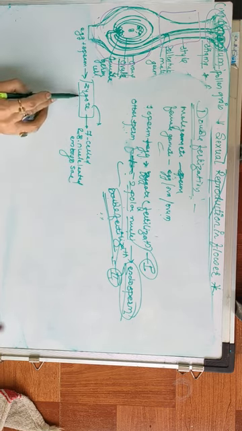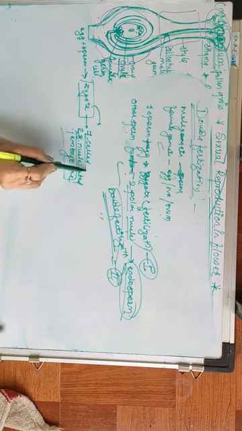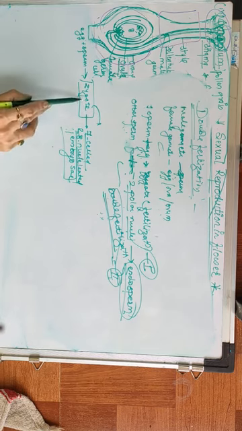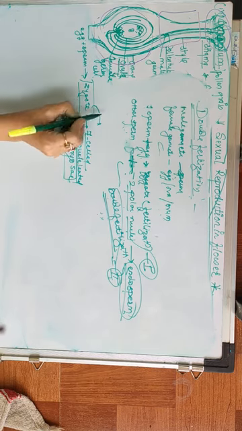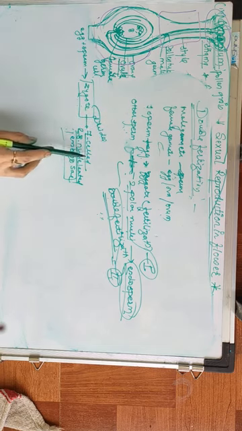They divide so many times, but that embryo sac contains 7 cells and 8 nuclei. So I can say that this zygote divides to form a 7-celled 8-nucleated embryo sac.